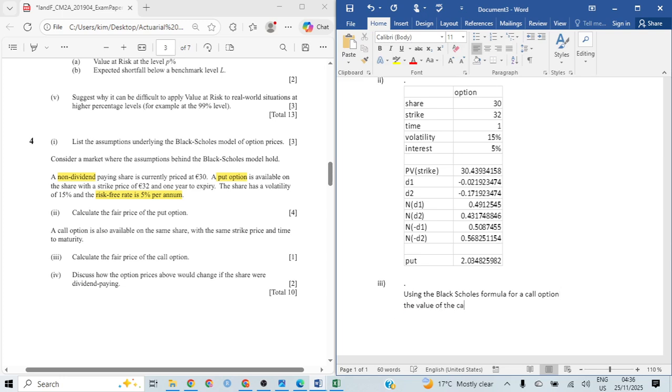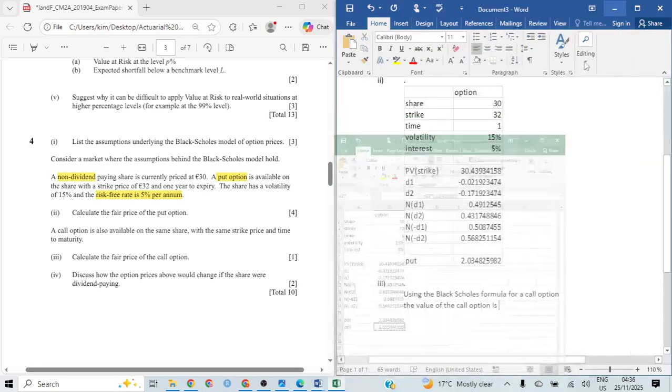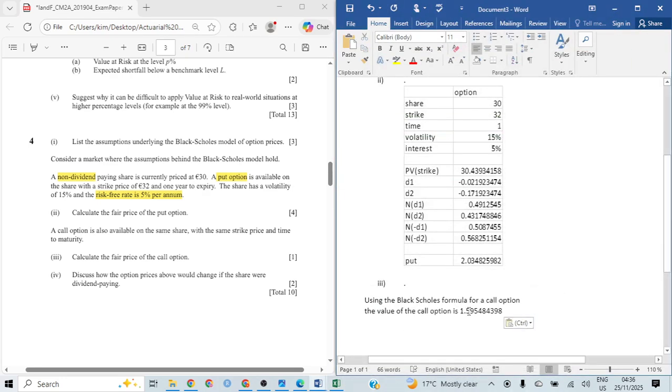The value of the call option is, I could copy the whole thing. It's only 1 mark, and the 1 mark will be for the answer, and that's my answer.